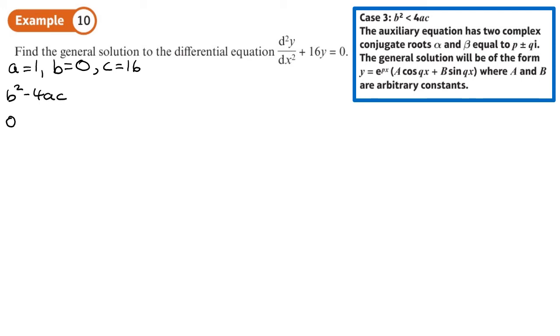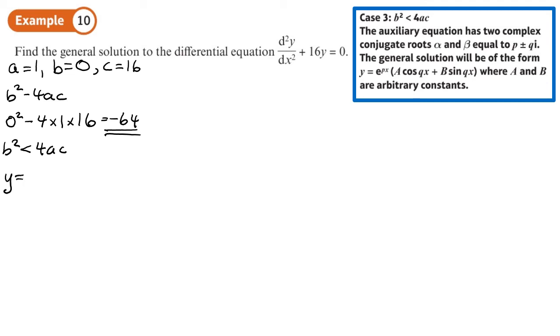So that will be 0 squared minus 4 times a times c. So that gives us negative 64. So b squared is less than 4ac, which means the general solution is of this form.